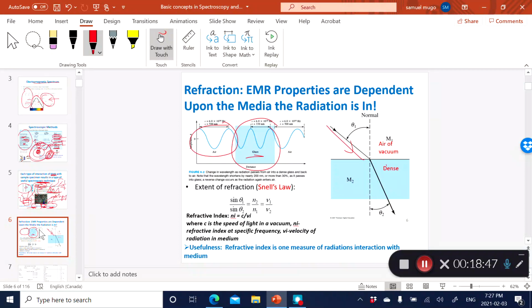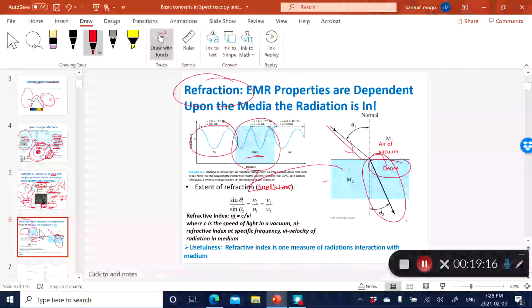And so light actually bends when it's penetrating a dense material. And the angle at which it actually bends is dependent on what you refer to as the refractive index of a material. And as such, you can actually use this technique to determine the refractive index. Very important, a property or characteristic of material.